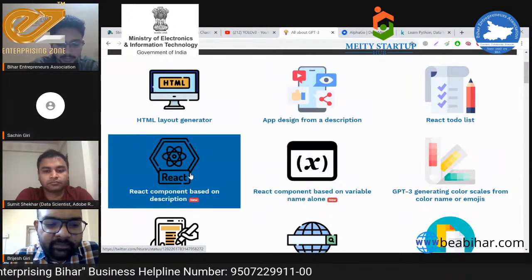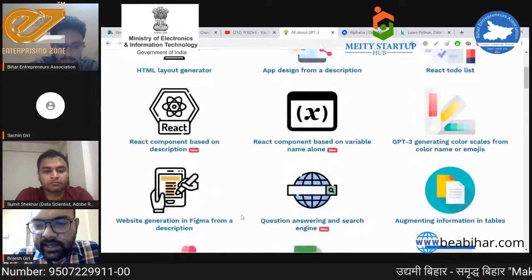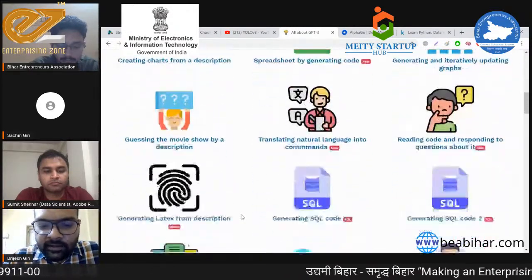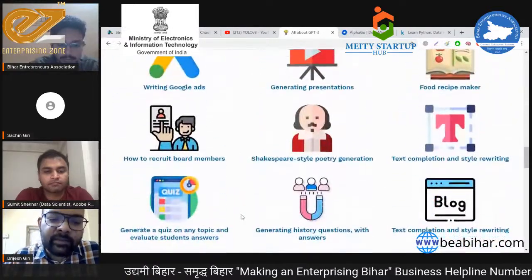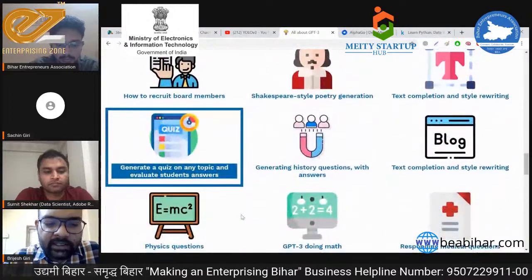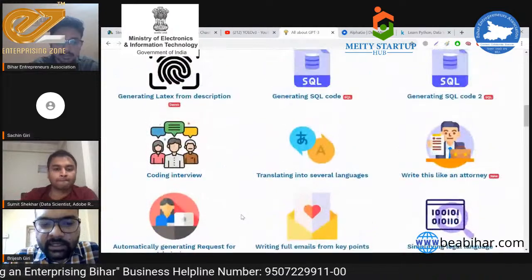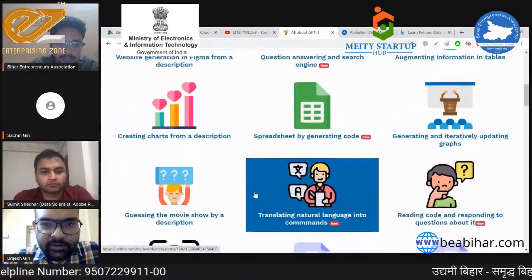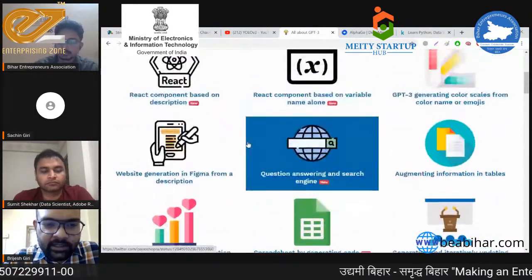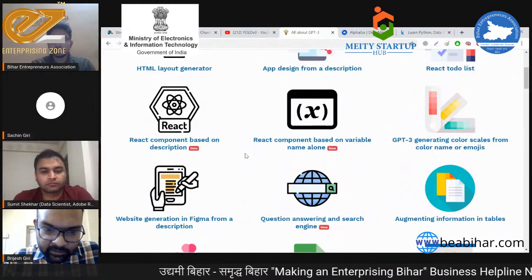You can create web pages by just giving a text description to it, and there is a lot more that this AI can do. This AI is developed by the OpenAI organization, which was initiated by Elon Musk. So you can go to their website also and see a lot of interesting features that AI has enabled for customers.